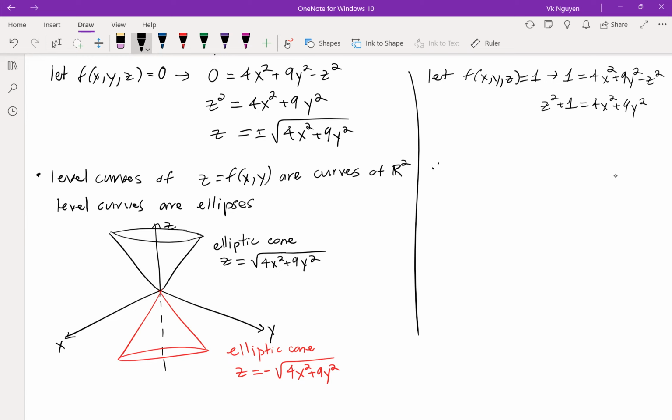Then you're going to do a level curve. Level curves are, well, if you let z equal 0, 1, 2, 3, 4, 5, you're going to see that we got our ellipses again.